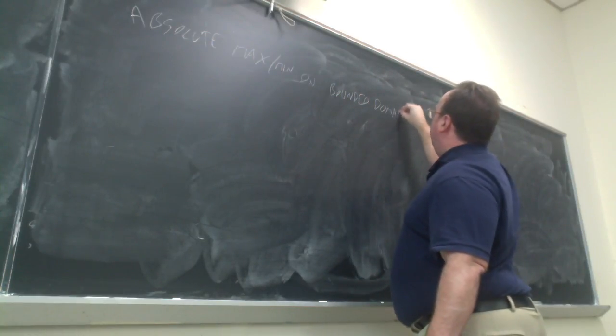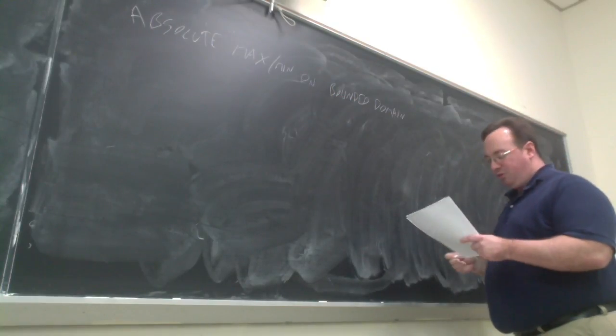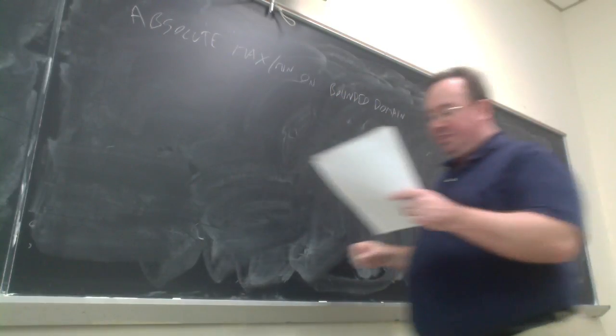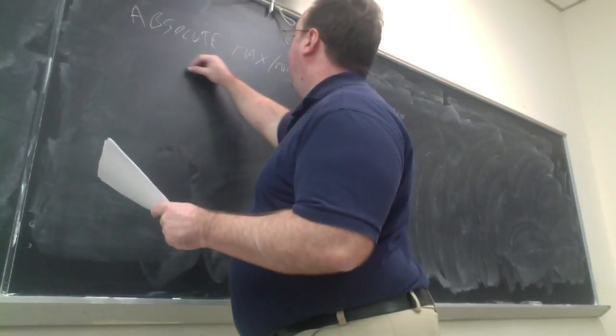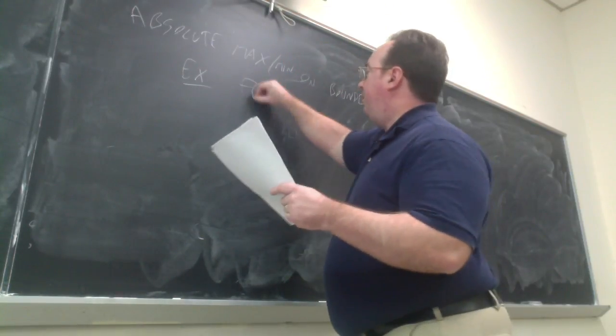So in other words, we're not looking at all of R2, the whole space. We're just looking at a certain portion of it. Okay, so as an example, here's our function.